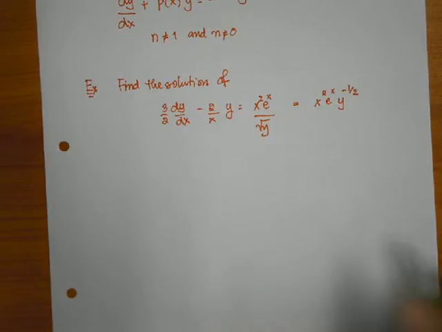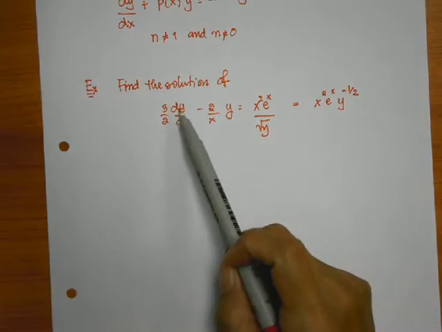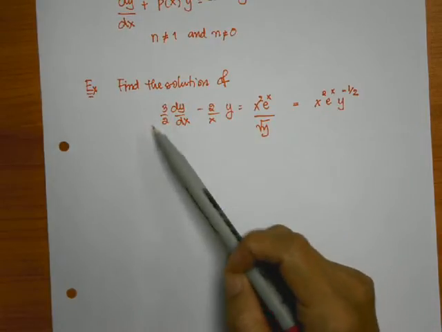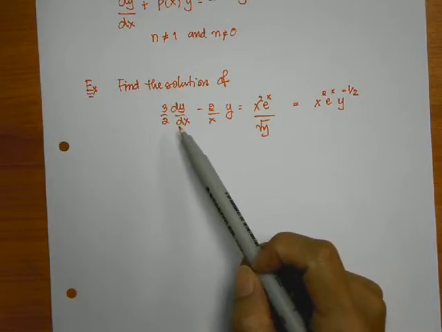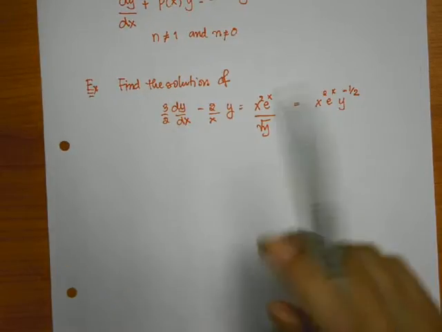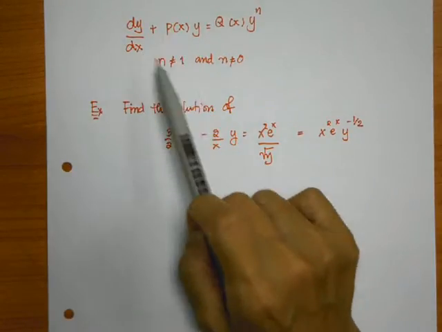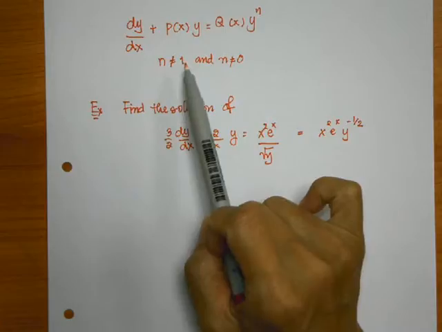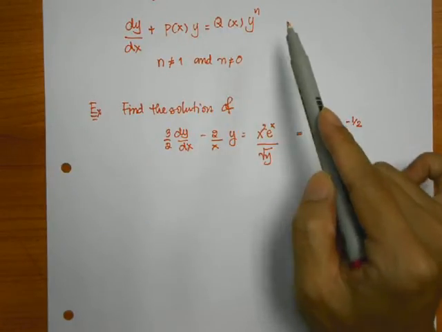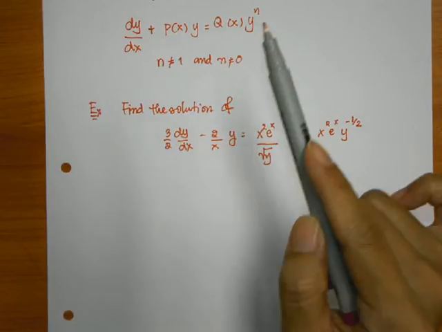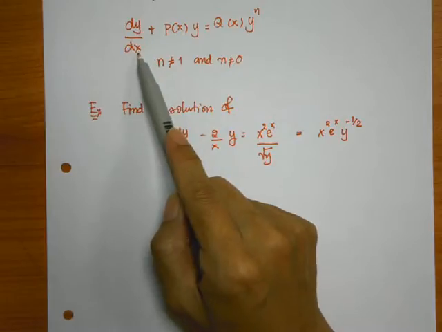So the way to solve this problem, you should first make the coefficient in front of the differentiation term equal to 1. Because we derived the way to find the solution based on this general form, and in this general form the coefficient in front of dy/dx is equal to 1.